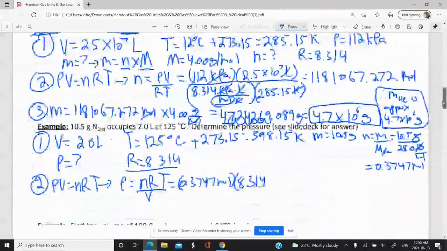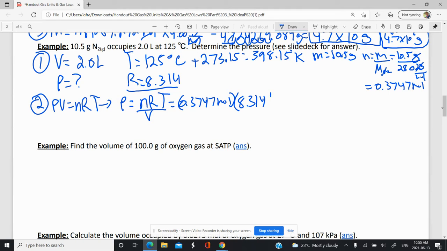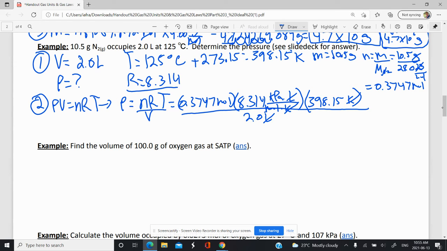So it's kPa liters per mole Kelvin times the temperature, which is 398.15 Kelvin, over the volume, which is 2.0 liters. So notice we can cancel out liters, Kelvin, and moles, and what are we left with? kPa.